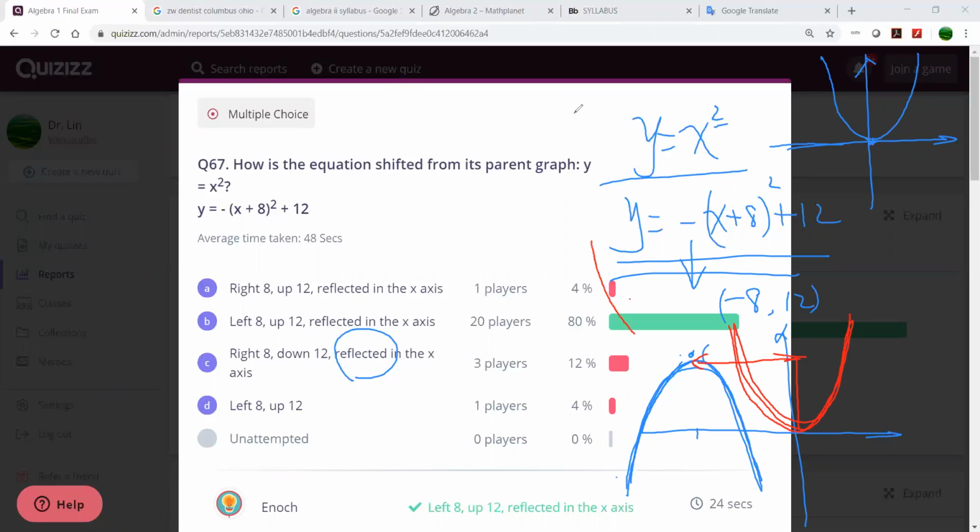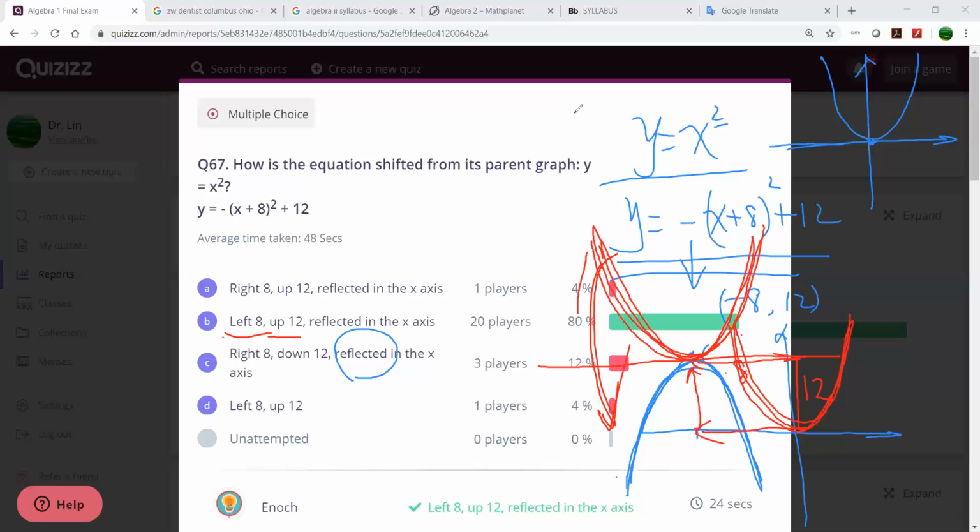So actually, when you move down here, it should be like this, right? The parabola curve should be like this, and then flip over. Do you know this one became flip over down, right? So firstly, you need to move up 12 units and move left 8 units, or you say move to left 8 units and then move up 12 units, and then flip over.